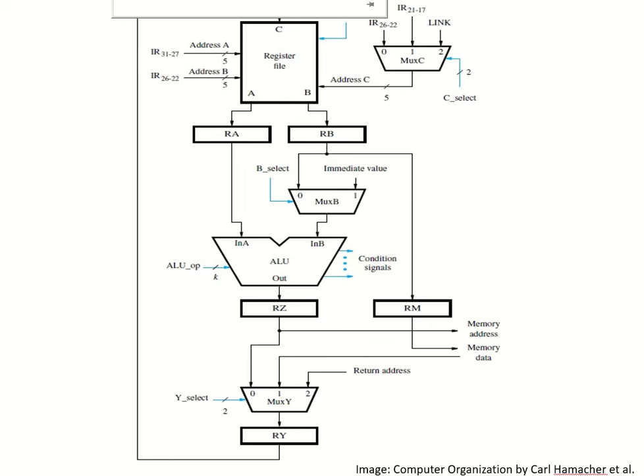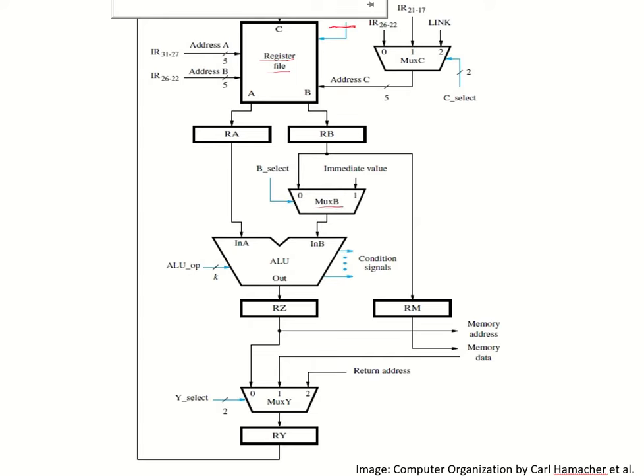This is the register file, and the register file requires an RF write enable. This RF write enable signal will enable the register file only when a write operation has to be performed.